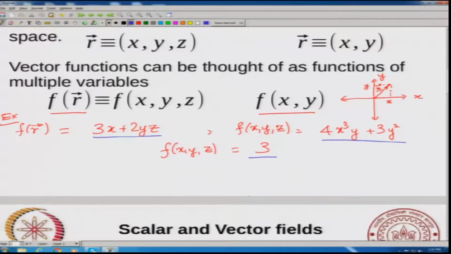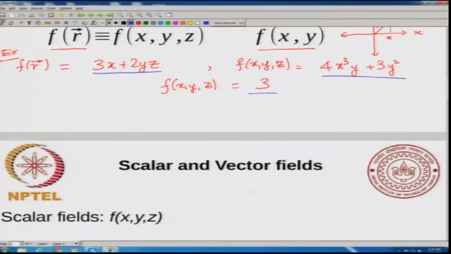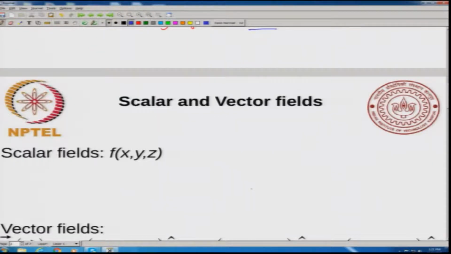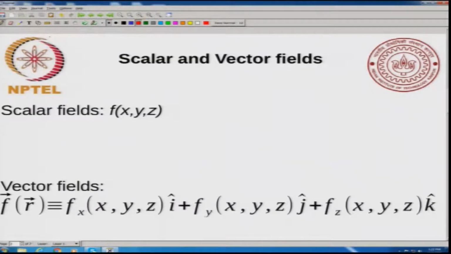Now, there are 2 kinds of functions. These functions of multiple variables, you can think of them as functions of vectors. They are also referred to as fields. And there are 2 kinds of fields. One is called a scalar field, and the other is called a vector field. In a scalar field, your function is basically a scalar.